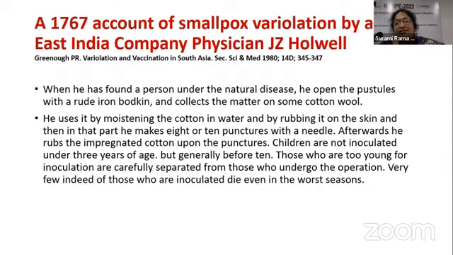When he has found a person under the natural disease, he opens the pustules with a rude iron bodkin and collects the matter on some cotton wool. He uses it by moistening the cotton in water and by rubbing it on the skin, and then in that part, he makes 8 to 10 punctures with a needle. Afterwards, he rubs the impregnated cotton upon the punctures.